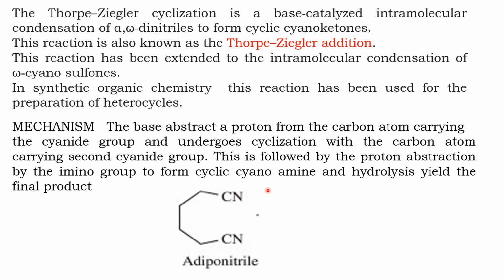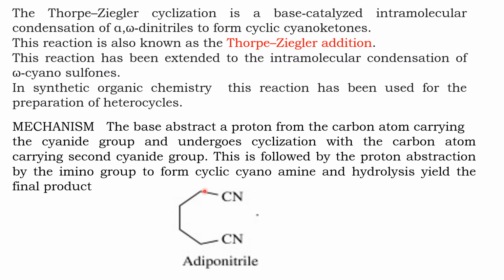So the base will come and take one of the two hydrogen atoms from here. So H plus is removed. As a result, we get a minus sign here. That negative charge is stabilized by the C triple bond N. So this is the first step.